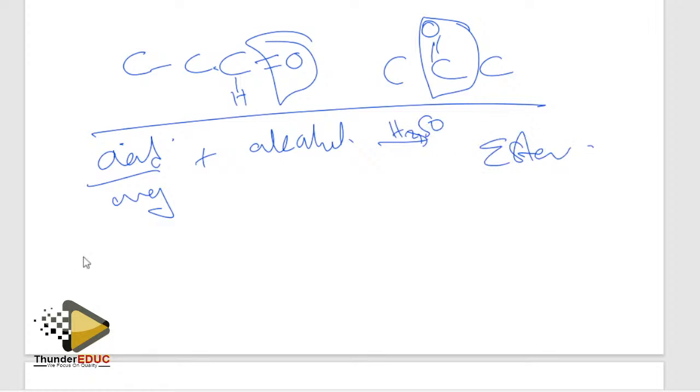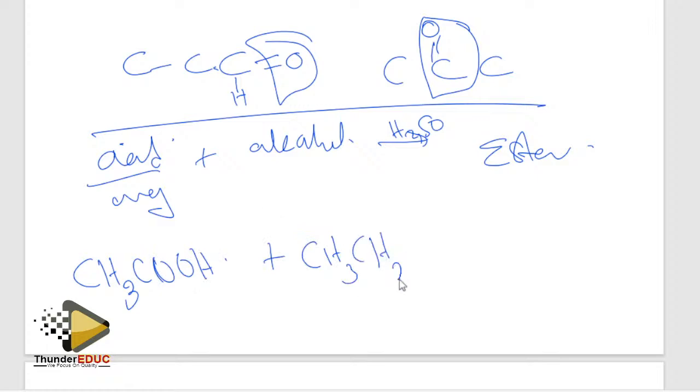For example, carboxylic acid, you have maybe ethanoic acid, then plus an alcohol, maybe propan-2-ol. Let me say propan-1-ol. So I form an ester.